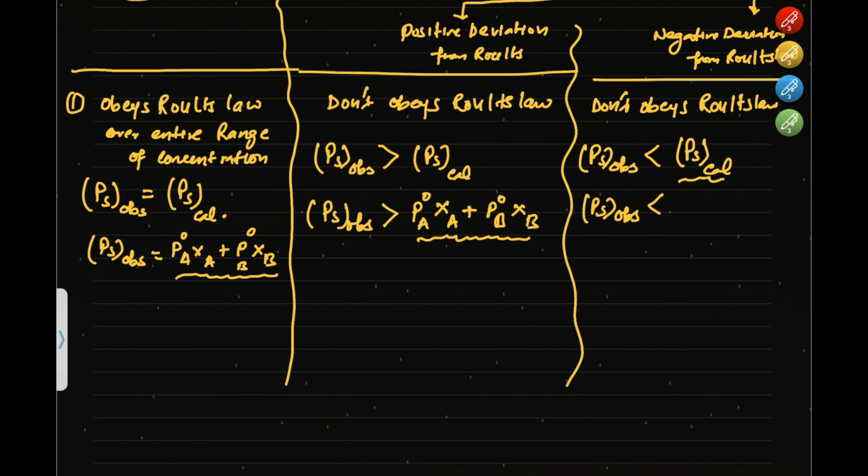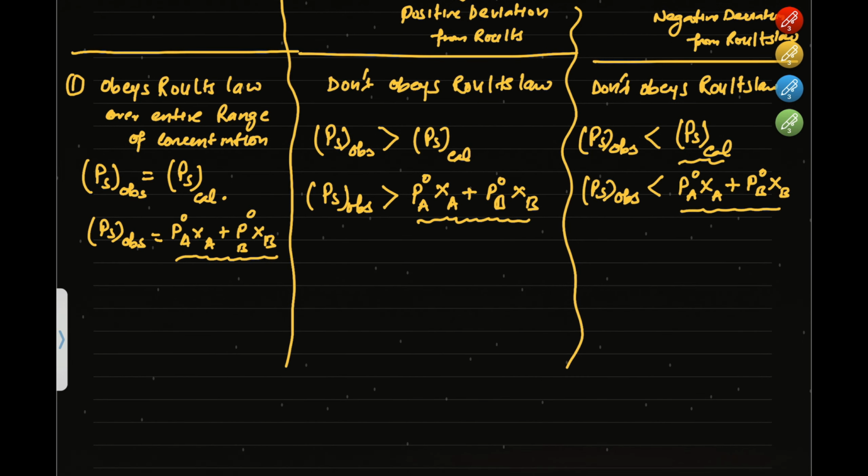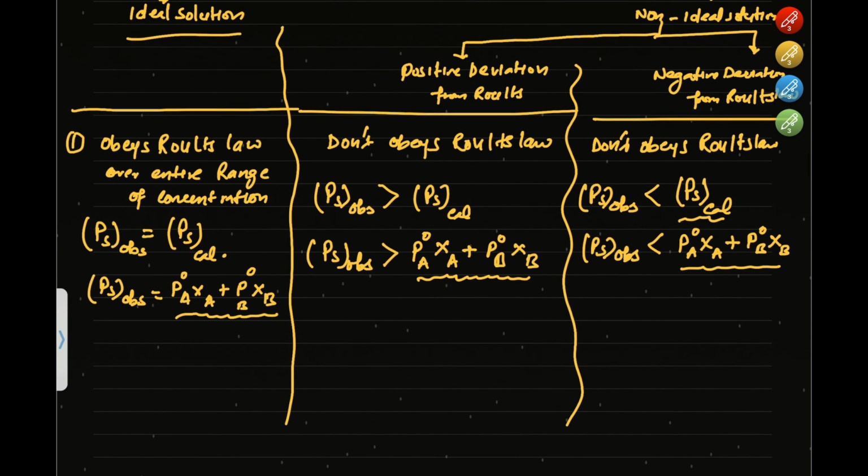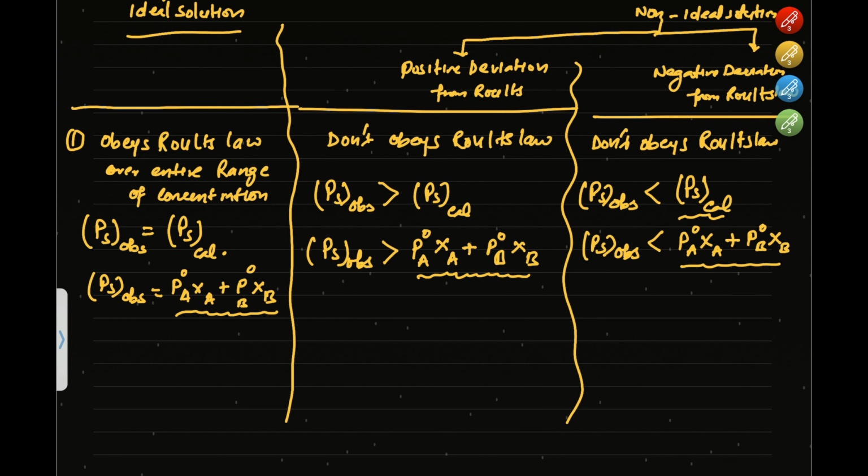The vapor pressure calculated from Raoult's law can be written like this: vapor pressure of the pure component A multiplied by its mole fraction A, plus vapor pressure of the pure component B multiplied by its mole fraction B. Okay, this is the basic difference between ideal solution and non-ideal solution, meaning positive deviation and negative deviation.